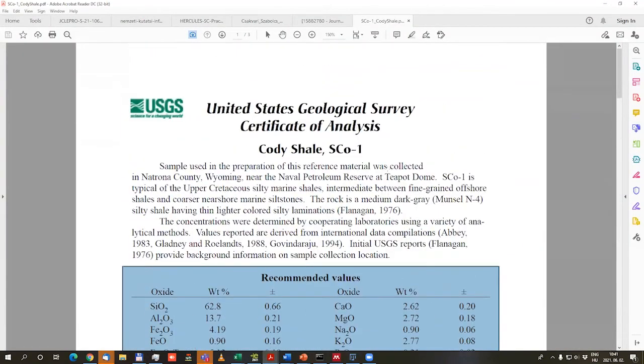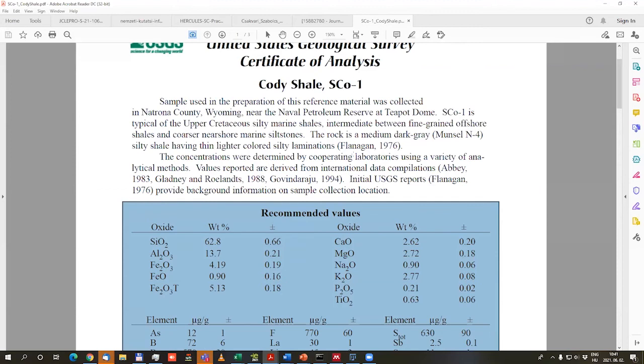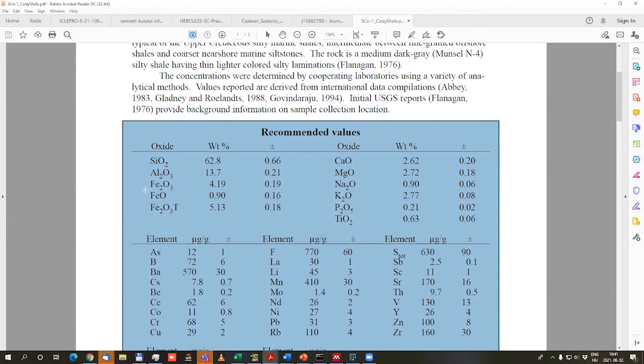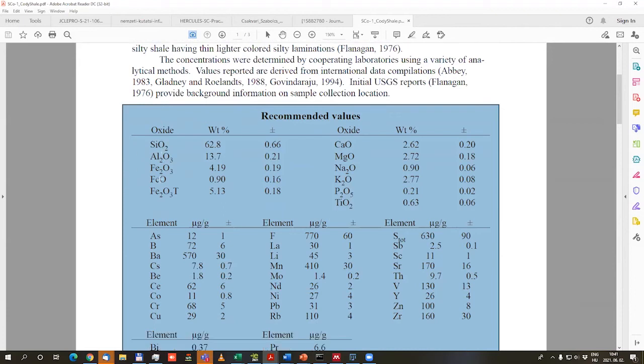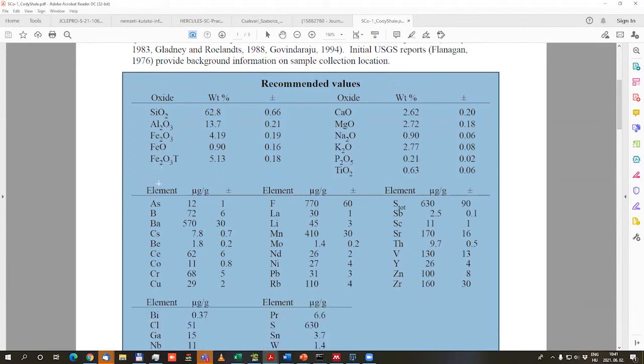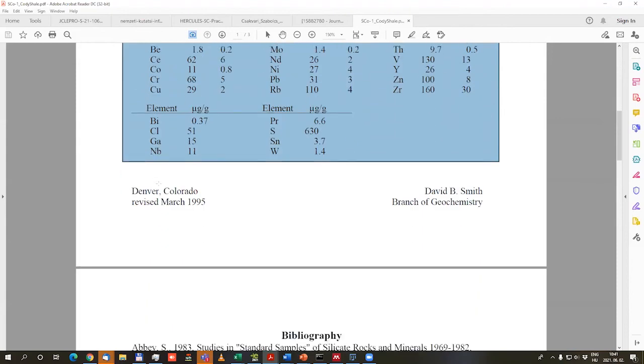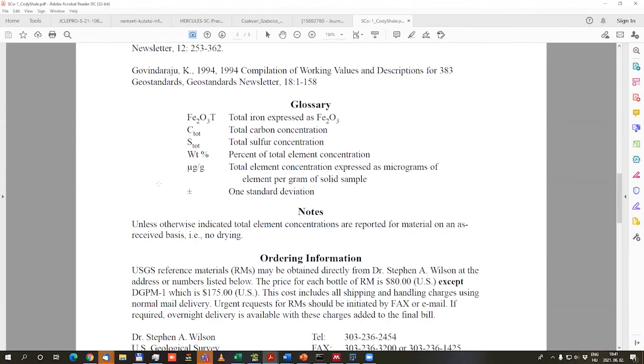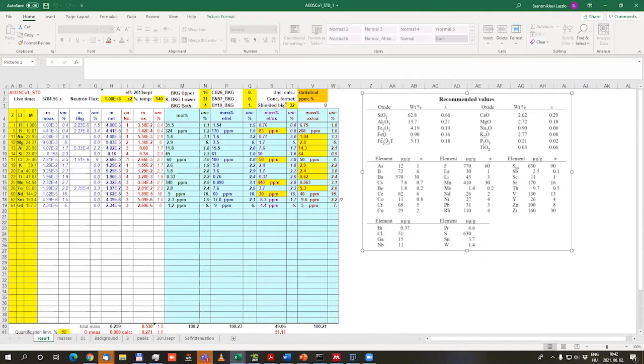So this is a United States Geological Survey reference material codenamed Cody Shale SCo-1, and these elements or oxides are listed in the certificate. And so this table is shown here.